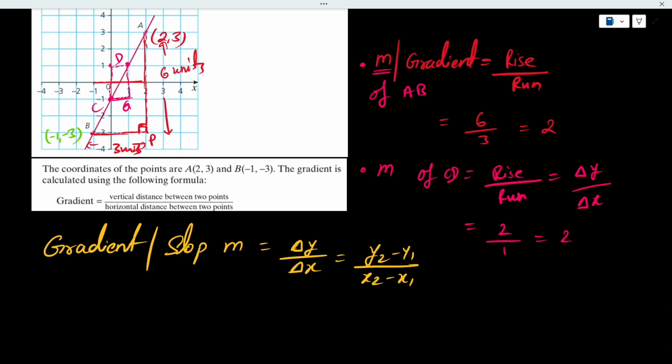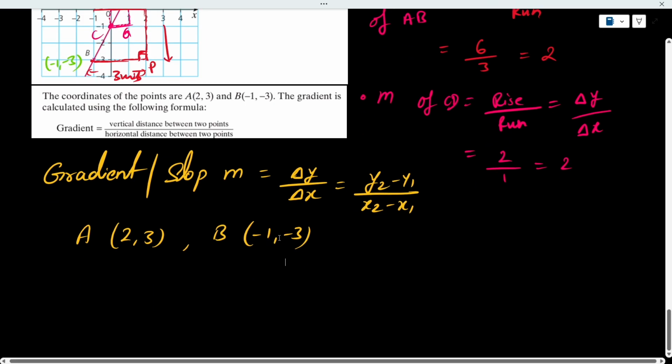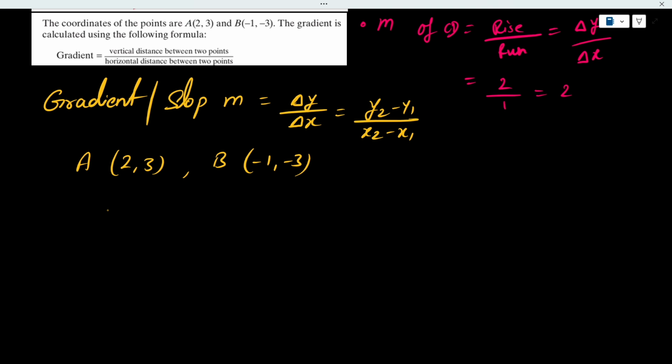If you cross check here, A coordinates were 2 comma 3 and B coordinates were -1 comma -3. Now let us directly take these coordinates to calculate the slope or gradient.